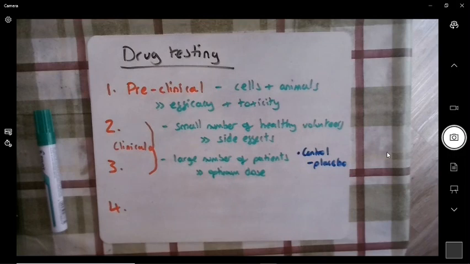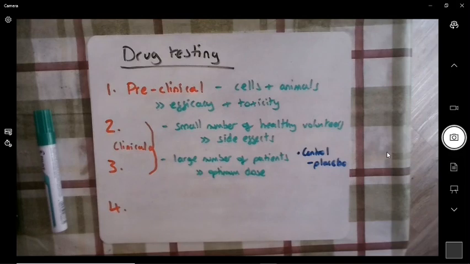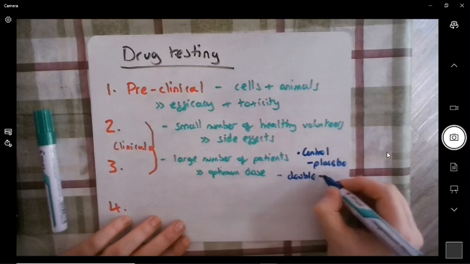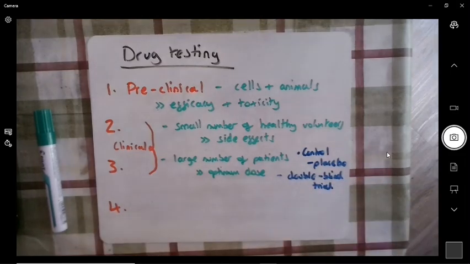It looks like the drug, tastes like the drug, but it doesn't contain the active ingredient. So a control group would be actual patients who just receive this placebo. But it's very, very important that the patients don't know if they've got the real drug or a placebo, because that ensures there's no psychological effects. When neither the doctor nor the patient knows who's got what, it's called a double-blind trial.